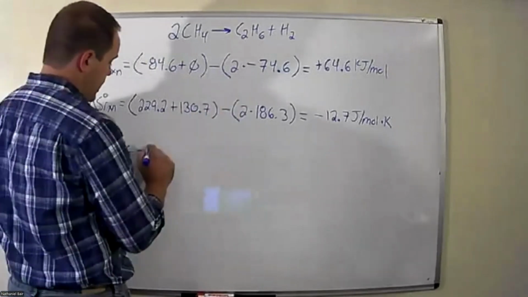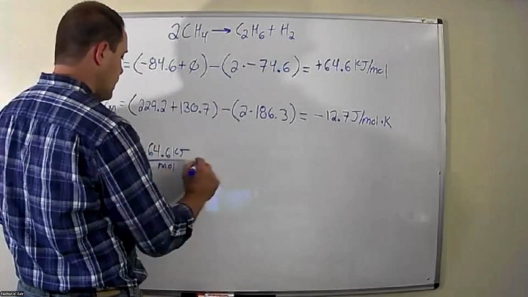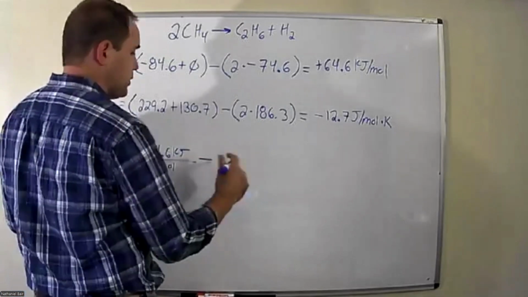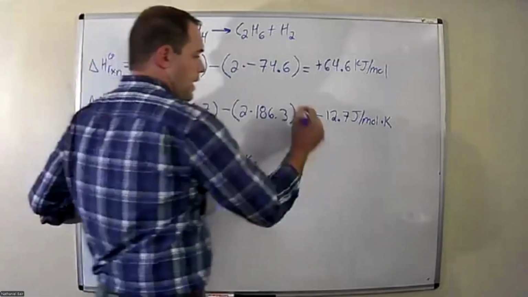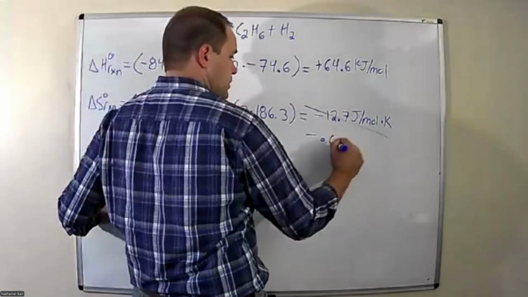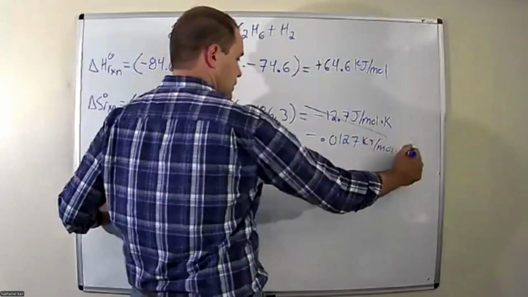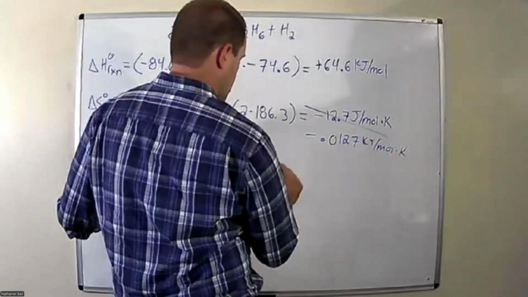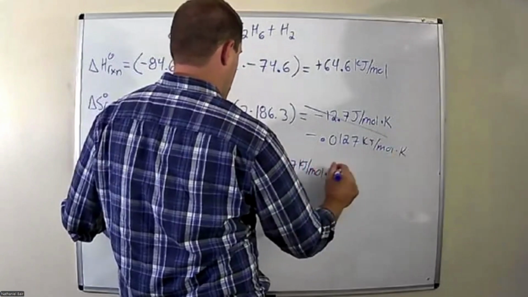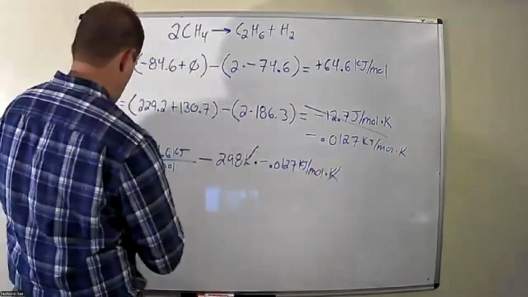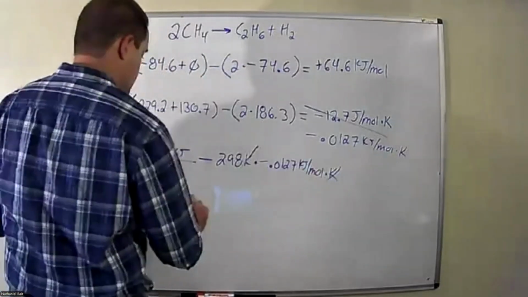So delta G equals delta H, 64.6 kilojoules per mole, minus the temperature, we're at 25 degrees Celsius, so that's 298 Kelvin, times delta S, but it's got to be in kilojoules, negative 0.0127 kilojoules per mole times Kelvin. And we're going to get delta G here. It's going to be some positive value, I guarantee that.